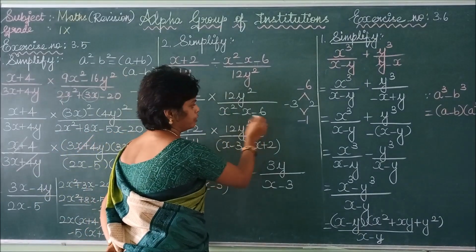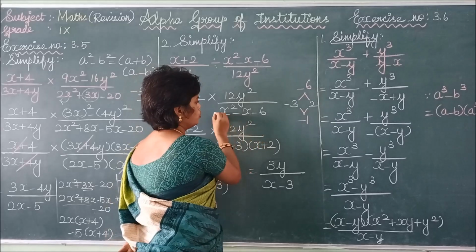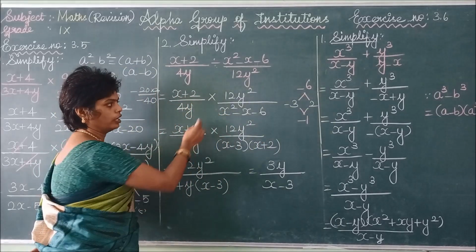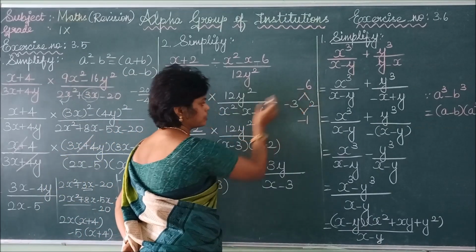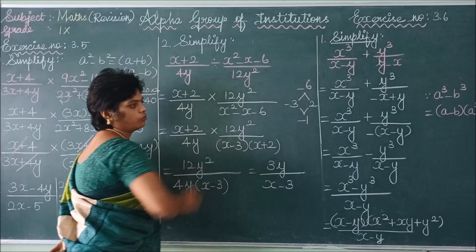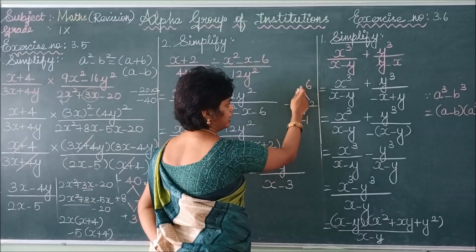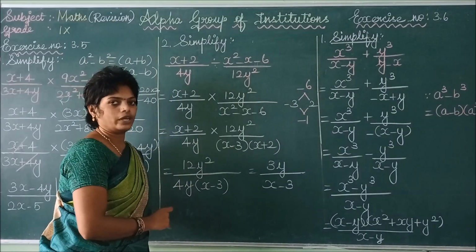So find the factors for this x squared minus x minus 6. Look here, there is no coefficient for x squared, so we can take that as 1. 1 into the constant term is minus 6. So check the x coefficient. What is the x coefficient? Minus 1. So 6 can be split using the tables of 3, 2, and 1, 6.